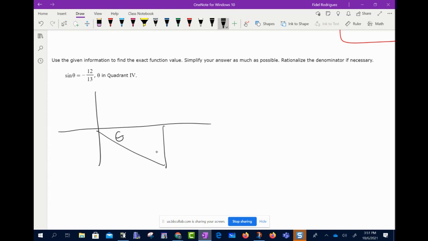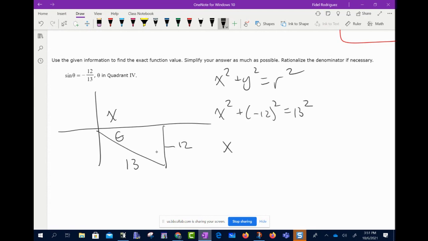So look what it says. Sine of theta is negative 12 over 13. Y'all agree that this is a negative 12, and that has to be my 13? So we're going to find our x value, just like we did before. This is my Pythagorean theorem: x squared plus negative 12 squared equals 13 squared. 169, very good.